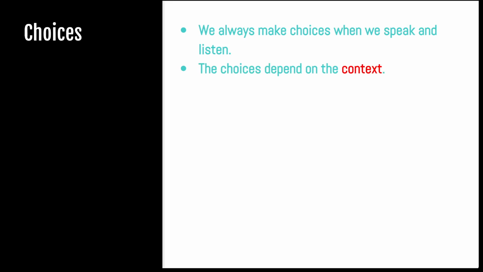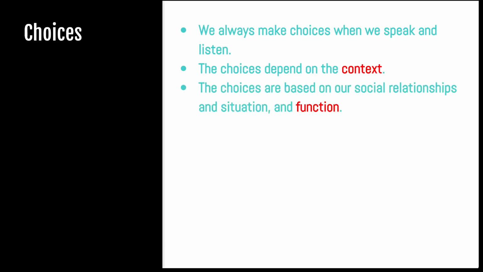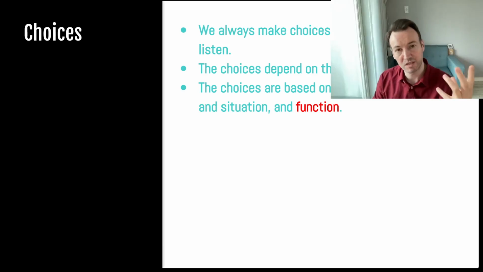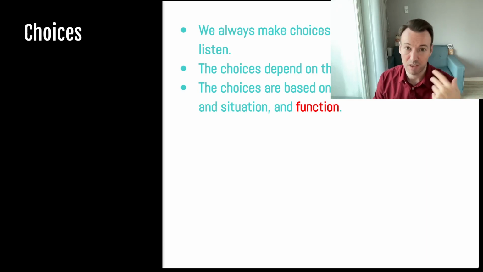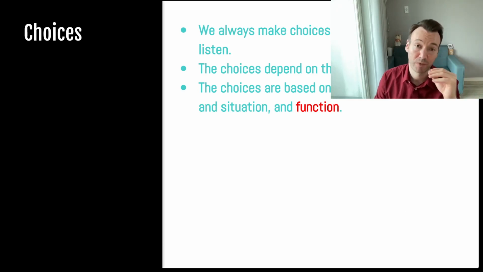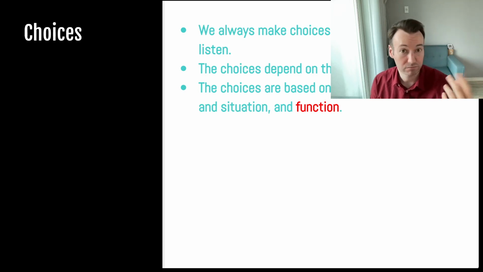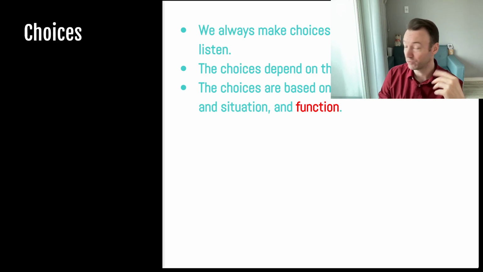Who are you speaking to? What is the message you are trying to convey? But also, it is dependent on the function. The function would be the reason for the interaction or the purpose. For example, are you complaining? Are you requesting?